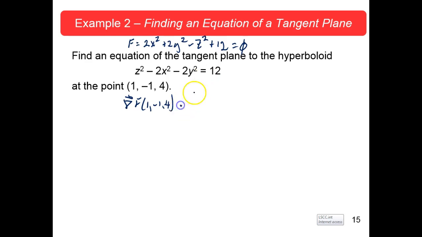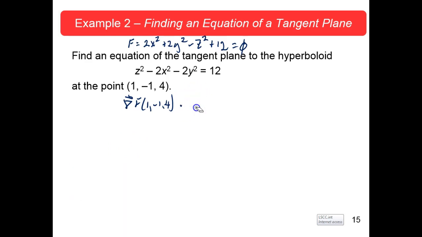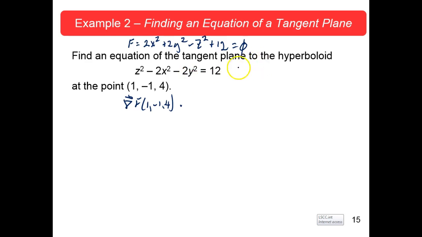Okay? And we also are going to dot this with the vector v, and that vector v is going to be this. Well, let me write that a little bit differently. The vector v in the plane tangent at that point is going to be (x minus 1) i plus (y plus 1) j plus (z minus 4) k.